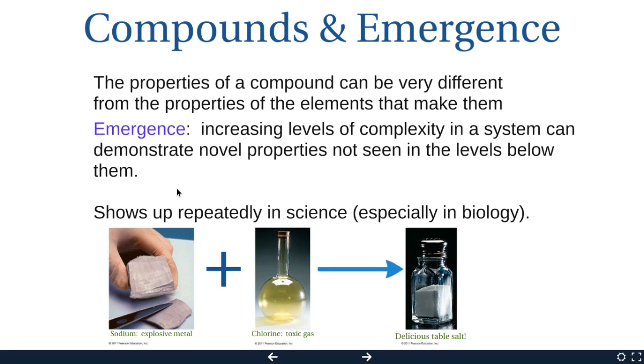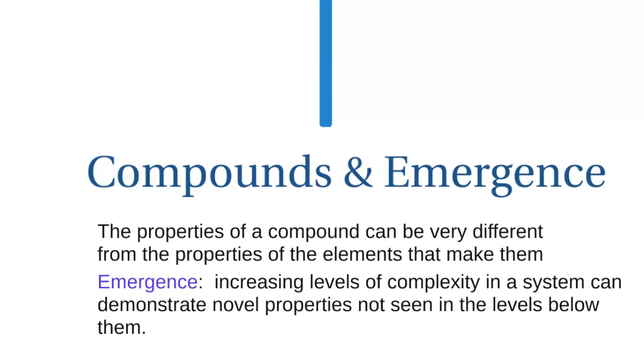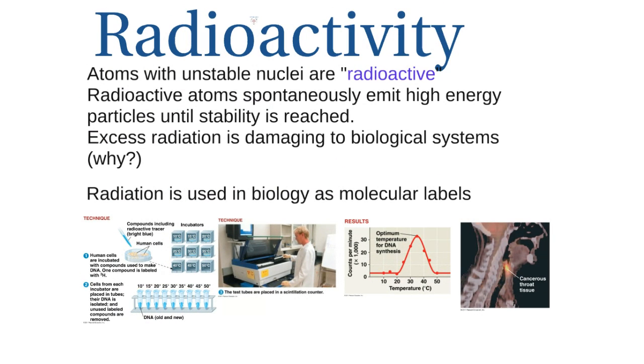The properties of a compound are different from the elements that make them, and this is the exact same thing I told you before. We have sodium, an explosive metal, and chlorine, a toxic gas, and they make delicious table salt. Increased levels of complexity in a system can demonstrate new properties that the parts that make them up don't show. And in fact, if you go into biotechnology and later on in engineering and design, you spend a lot of time looking at these emerging properties.